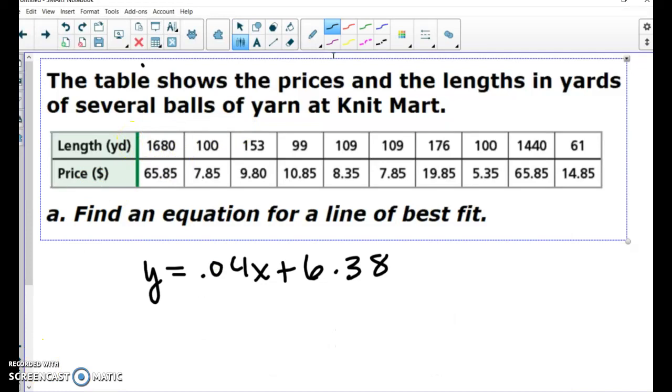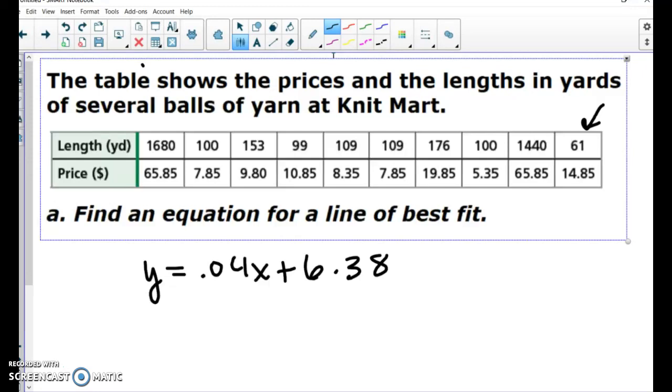So this is the equation that we came up with using our calculator, which seemed to be probably just as long as doing it from a graph, but it said Knitmart also sells yarn in 1,000-yard balls. Use your equation to predict the cost of this yarn. So the length, we don't see 1,000 in our table up here in the length, but we know that our function is y equal to the cost per yard.